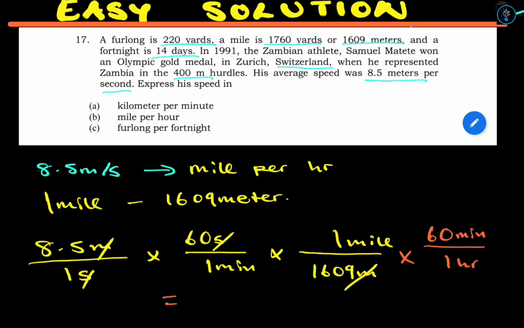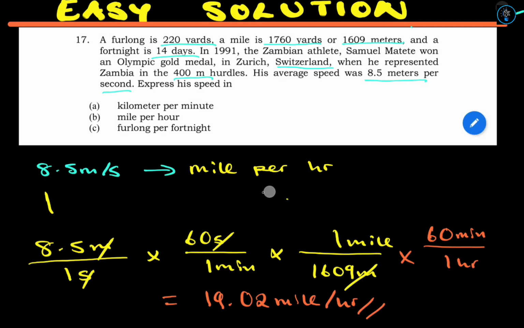When you punch it into your calculator, we're saying 8.5 times 60 times 60. Then we divide it by 1609. You're going to get 19.02 miles per hour. Yeah, that must be your answer.